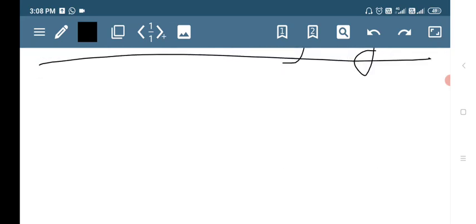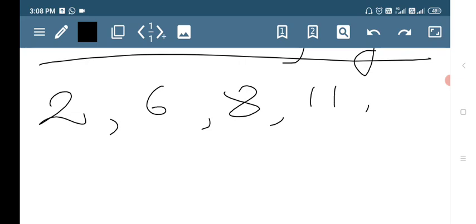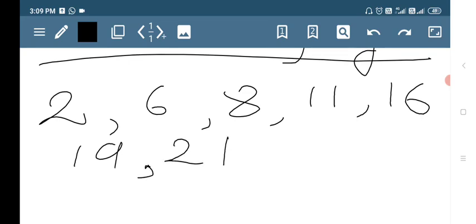Okay, let us take a few numbers: 2, 6, 8, 11, 16, 19, 21. Do these come under the 2 table? 2 comes under the 2 table, isn't it? Yes. 6 comes under the 2 table, yes. 8, yes. 2 4s are 8.